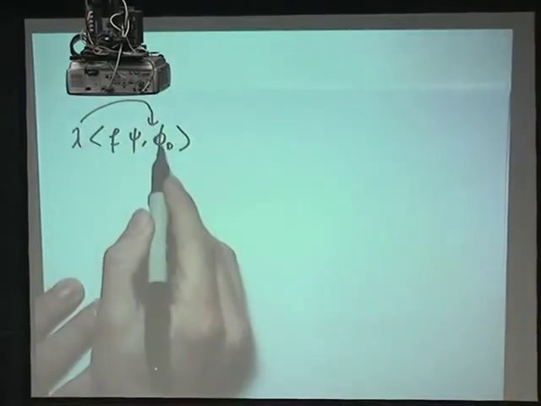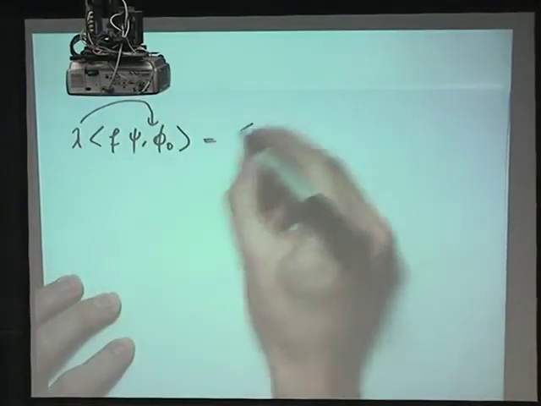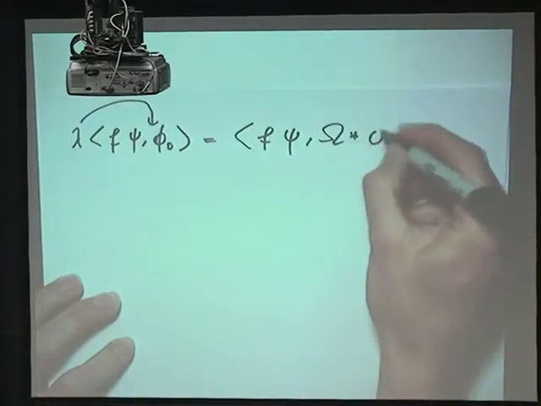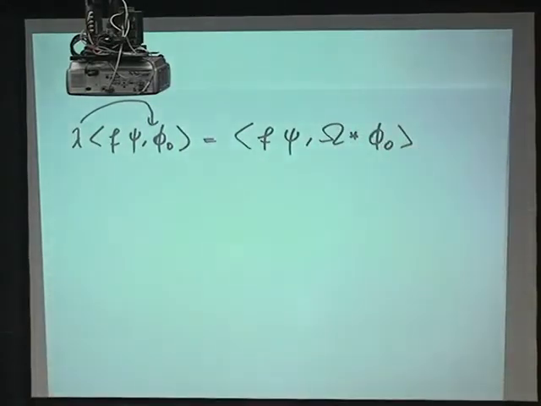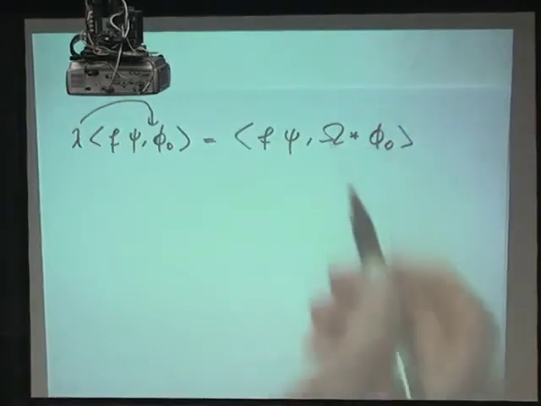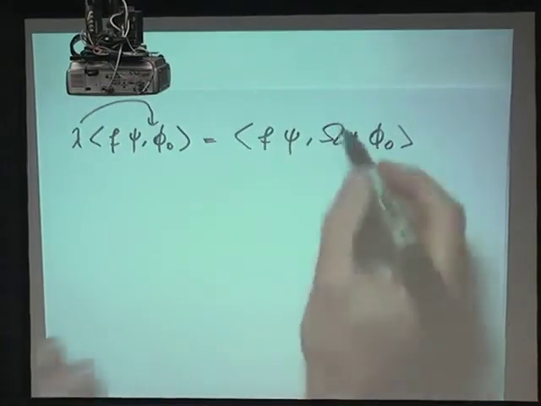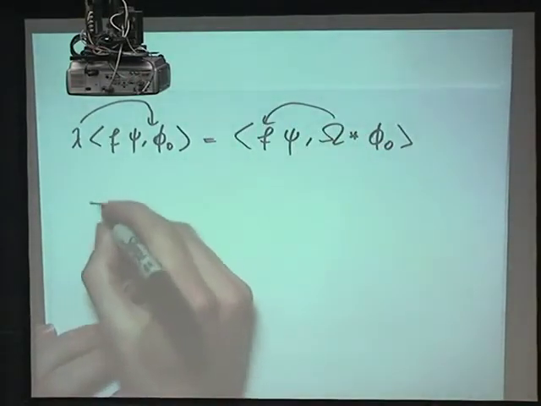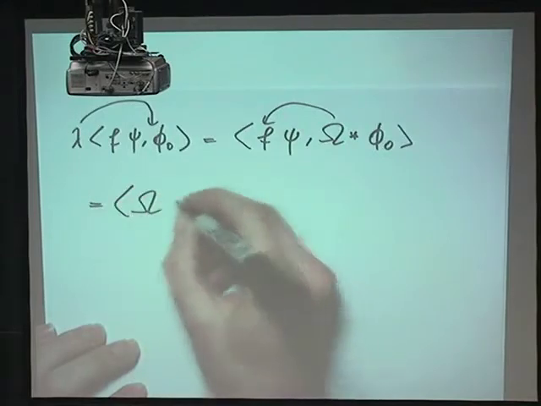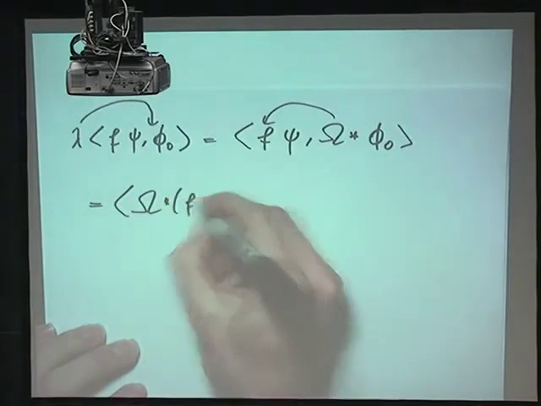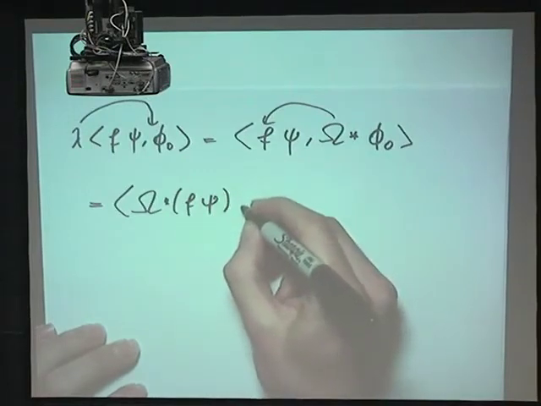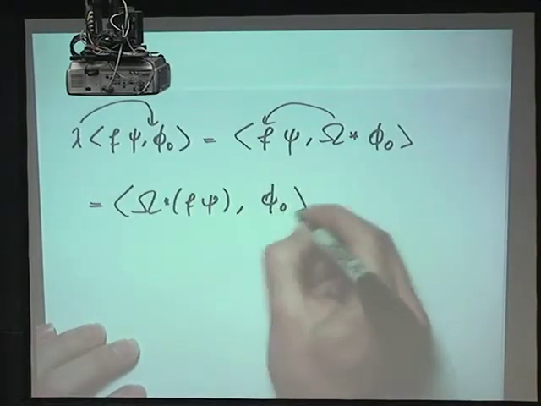And lambda is the eigenvalue of phi 0, so we can introduce here in this expression the Casimir. Voila, very good. Now, the Casimir is self-adjoint, so we can move the Casimir over to this side. So we get Casimir applied to f multiplied with psi, comma, phi 0.